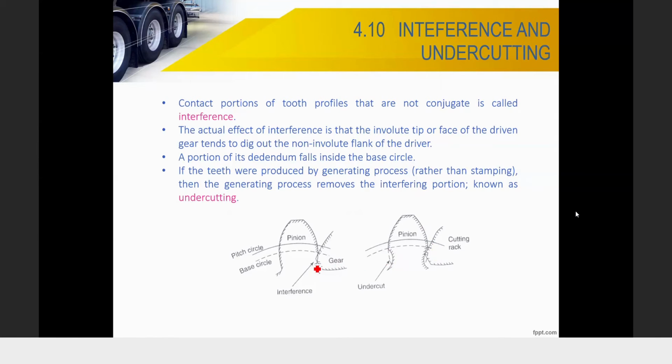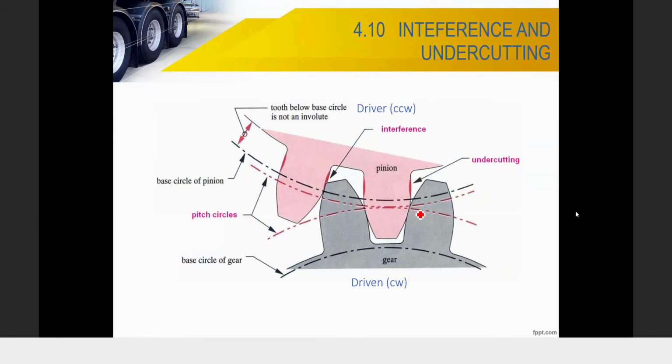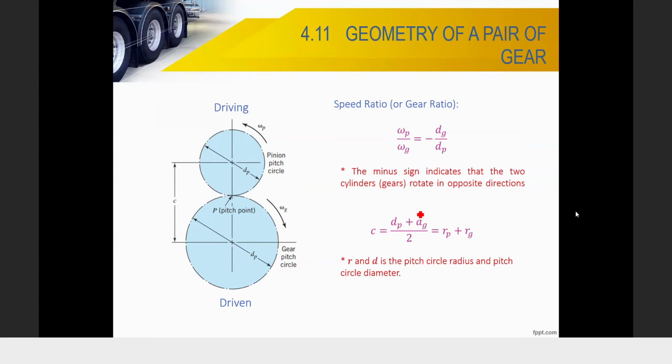Dia terlebih juga, dia make undercut ni, so dia tak kacau. Tapi inilah, kalau boleh we try to avoid this thing. Okay, so I don't want to go too deep, so I want to skip, kita compress a little bit.